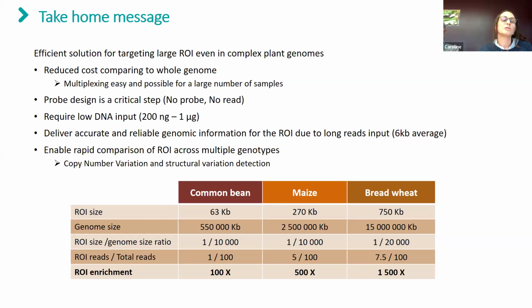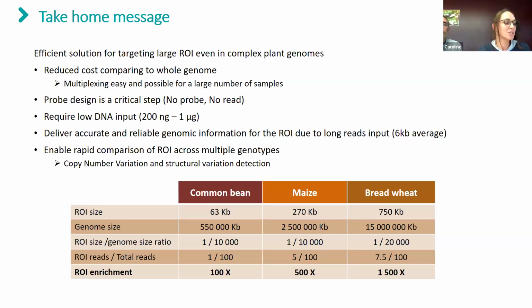One thing to note also is that the probe design is a really critical step in the workflow, and the success depends on that, because no probes means no reads. And this approach requires a very low amount of input DNA, which is often a limiting factor for plant genomics.